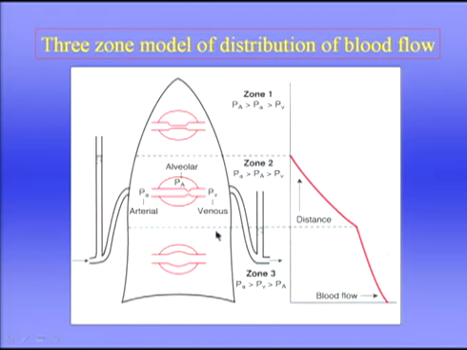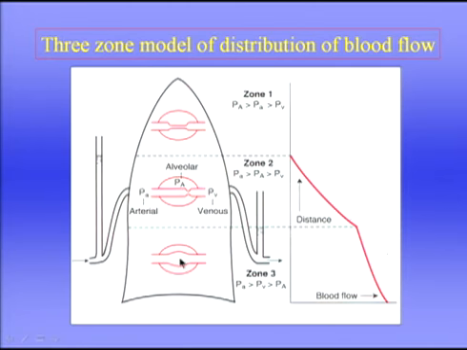Then finally we get to zone 3, where now the arterial pressure is increased even more, and the venous pressure, of course, has also increased because of the hydrostatic gradient in the veins. And now we reach the situation where pulmonary arterial pressure exceeds venous pressure. Of course, it does that everywhere. And venous pressure exceeds alveolar pressure. And now there's no Starling resistor effect.